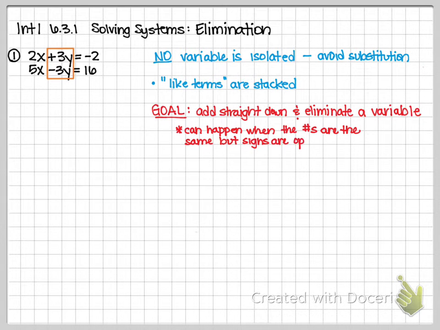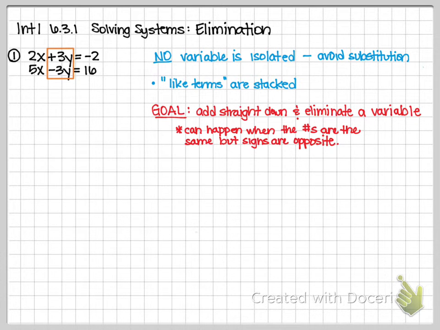And I'm talking about numbers specifically attached to a variable. Not the 2 and the 16. That doesn't help me if those numbers are the same. Actually, it doesn't do me any good one way or the other because I'd still have an x and a y. So I want the numbers on both x's to be the same, or the numbers on both y's to be the same, but I want the signs to be opposite. One positive, one negative. However, as this one is right now, I already have that. I don't have to do any extra work for it.